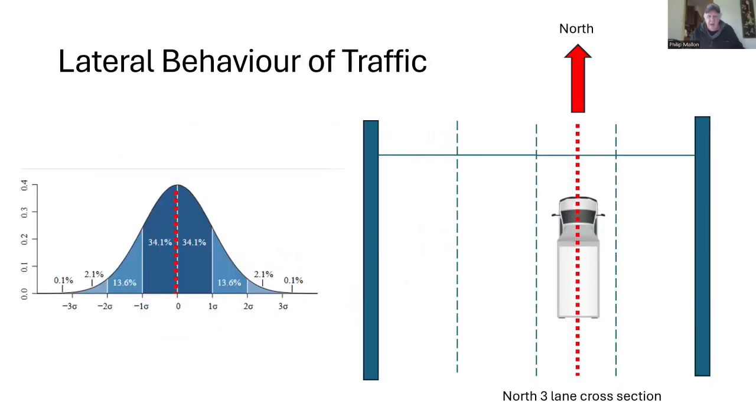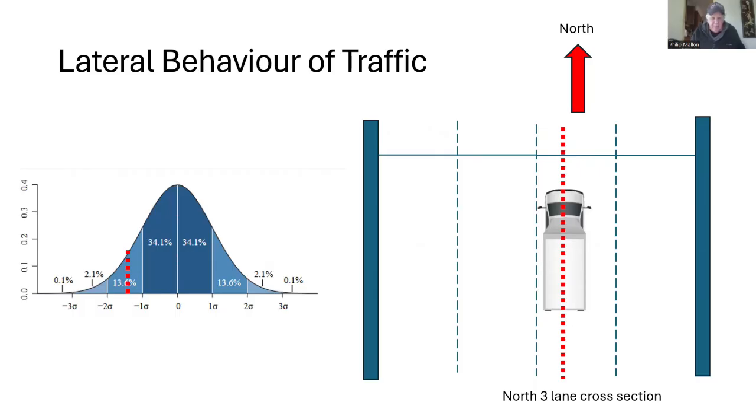Okay, so looking at a road profile, a truck here would normally, in a lane, would normally be in the middle of the lane. But sometimes it may venture to the left.